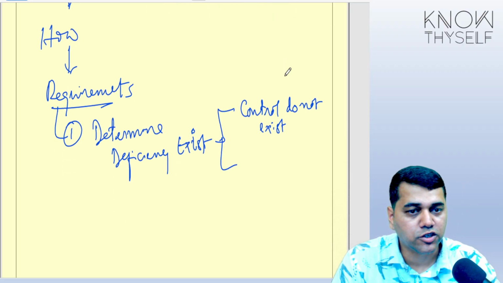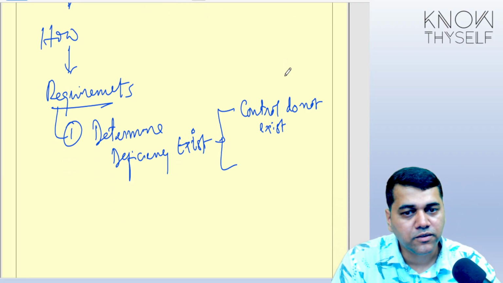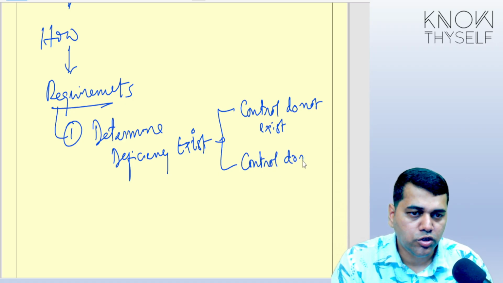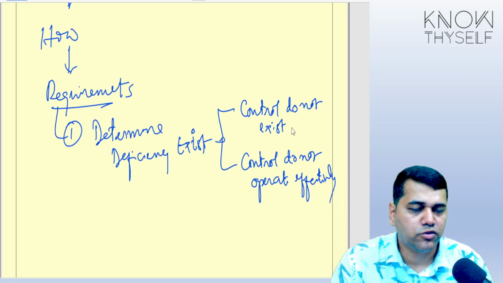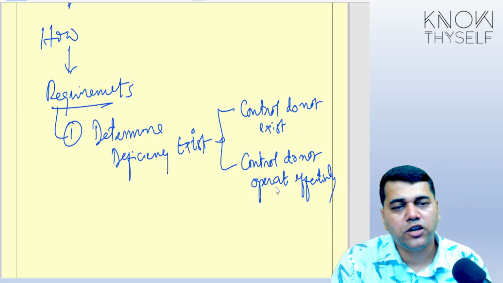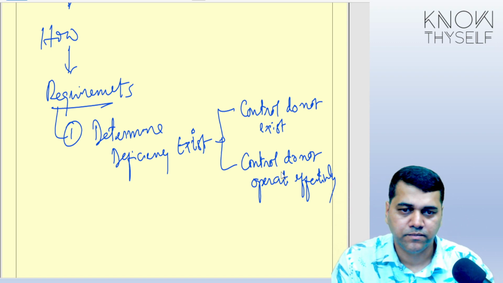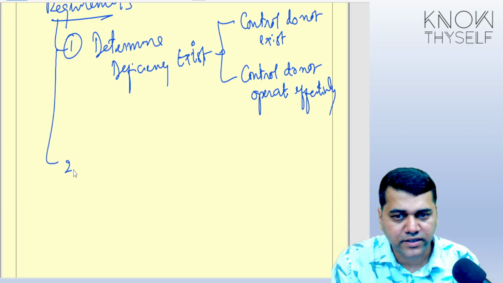When you say there is a deficiency, either controls do not exist or controls do not operate effectively. So this is called a design deficiency. This is called an operating effectiveness deficiency. So once you have determined that the deficiency exists, what is the second thing you need to do?